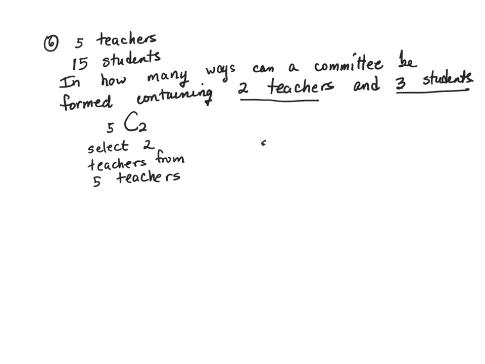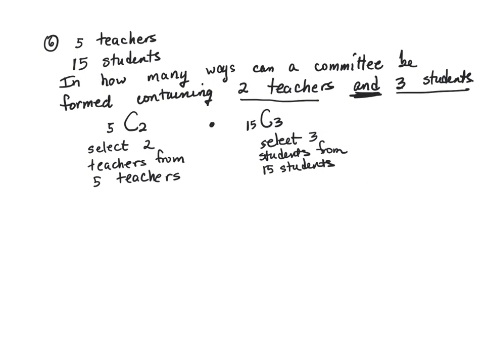And to select 3 students from the 15 students that we have, that would be 15C3. But because we want to select both, we use the counting principle, that word and, and we multiply the two.